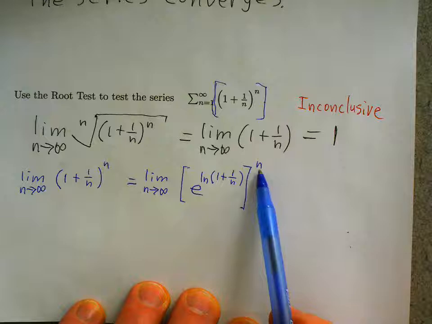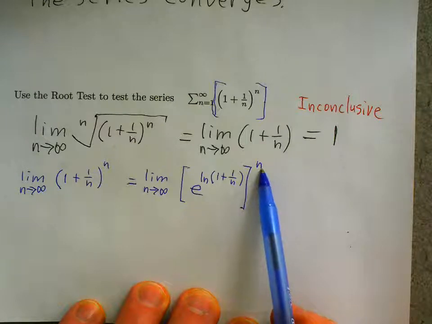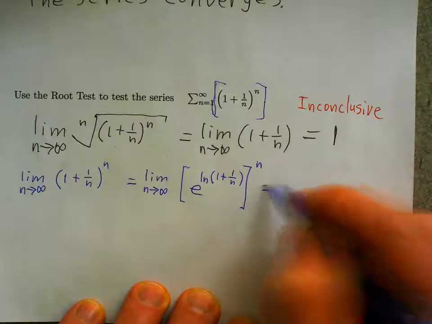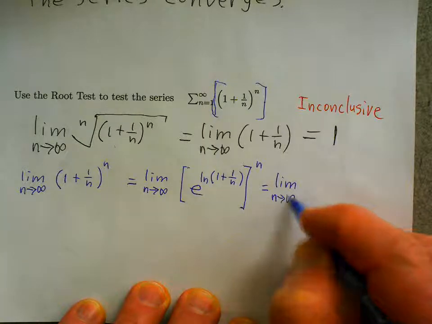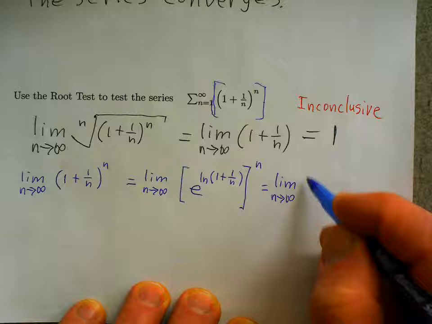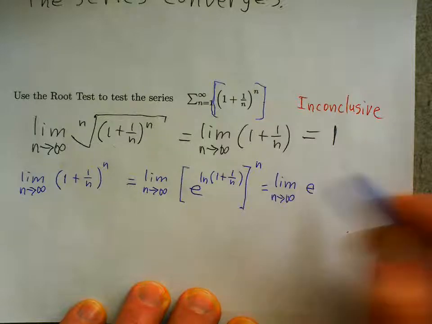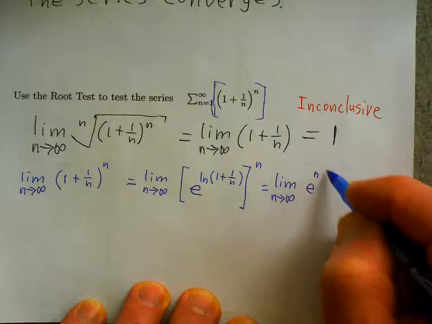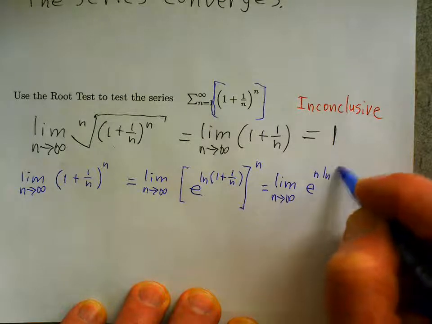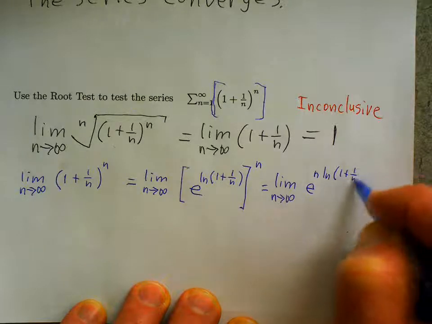Then when we apply the outer exponent, we get the limit as n approaches infinity of e to the n times the natural log of 1 plus 1 over n.